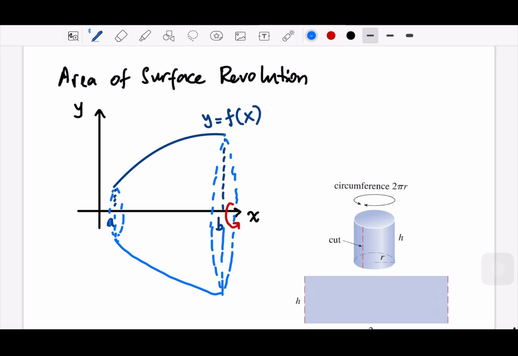It's three dimensional. Based on what we did in Calculus 1, the approach for any integration is to slice the curve.